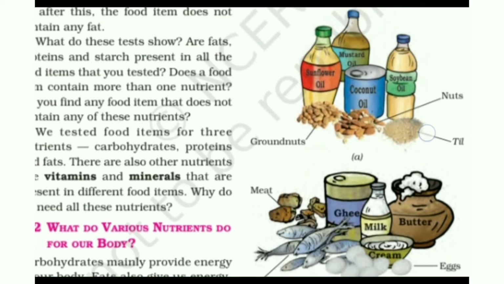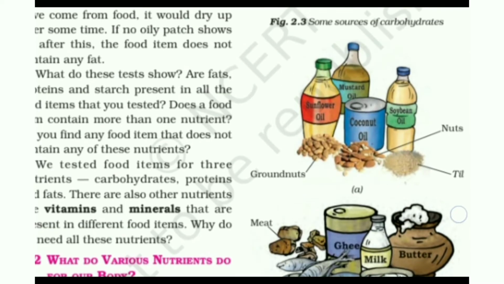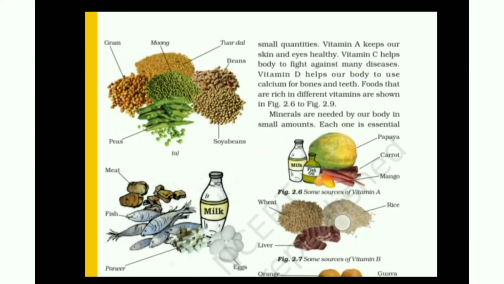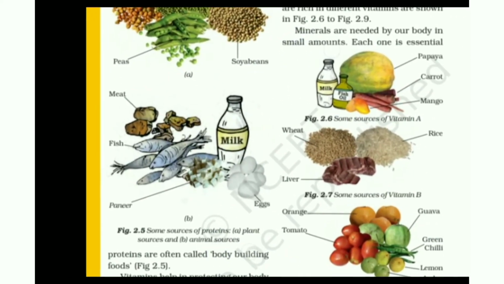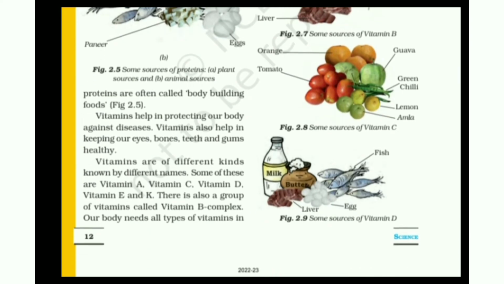What are those? Milk, butter, cream, ghee, fish, groundnut, nut, til, etc. And these foods are rich in protein. They are soybean, pea, meat, fish, paneer, etc. So we have learned three nutrients, that are carbohydrate, fat, and protein.